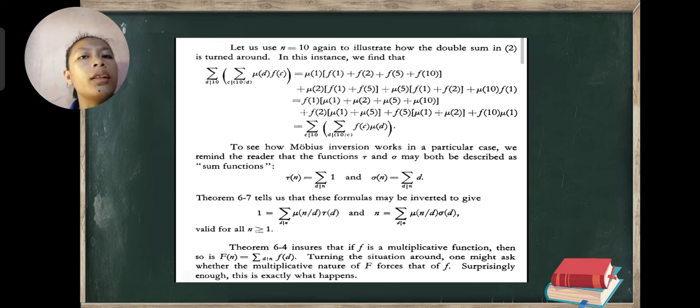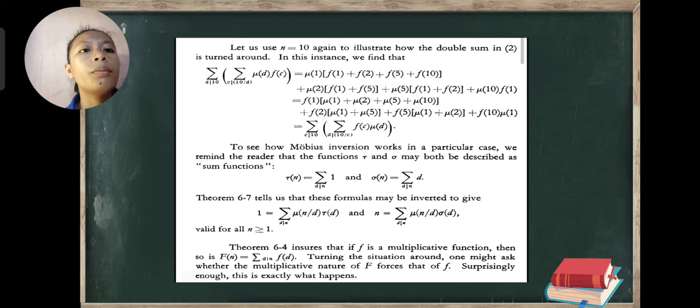In this instance, we find that the sum over d dividing 10 of the sum over c dividing 10/d of mu(d) f(c) is equal to mu(1)[f(1) + f(2) + f(5) + f(10)] + mu(2)[f(1) + f(5)] + mu(5)[f(1) + f(2)] + mu(10) f(1), which is equal to f(1)[mu(1) + mu(2) + mu(5) + mu(10)] + f(2)[mu(1) + mu(5)] + f(5)[mu(1) + mu(2)] + f(10) mu(1), which is equal to the sum over c dividing 10 of the sum over d dividing 10/c of f(c) mu(d).